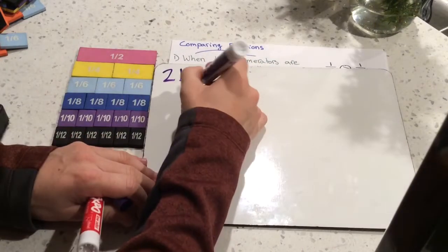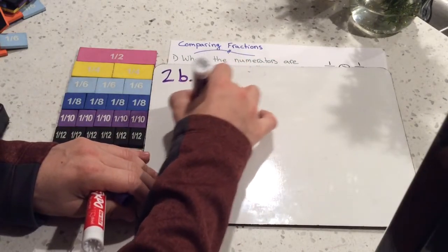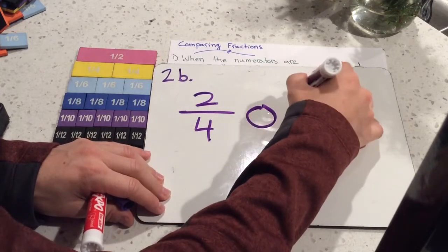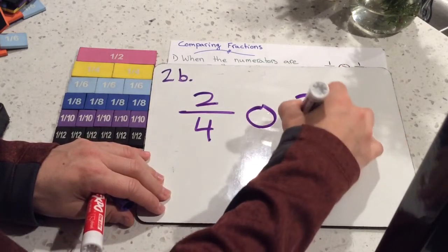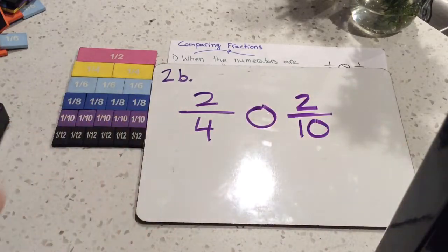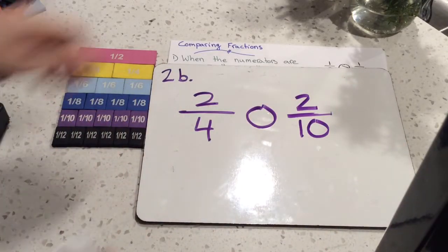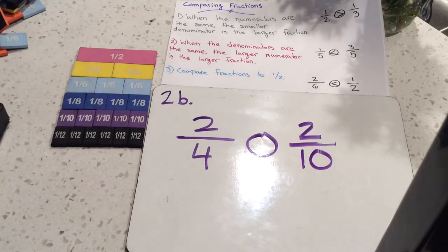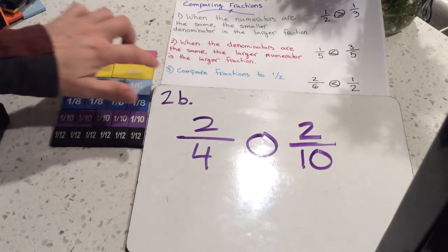And 2B is comparing the fraction 2/4 and the fraction 2/10. Okay? And for this one, we are going to be talking about comparing fractions to 1/2, this third rule here.